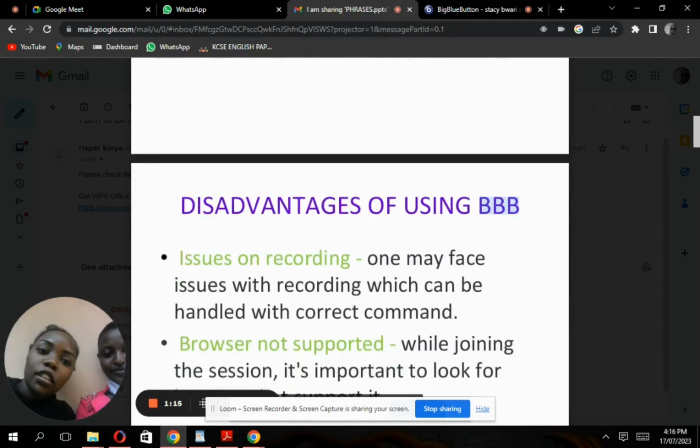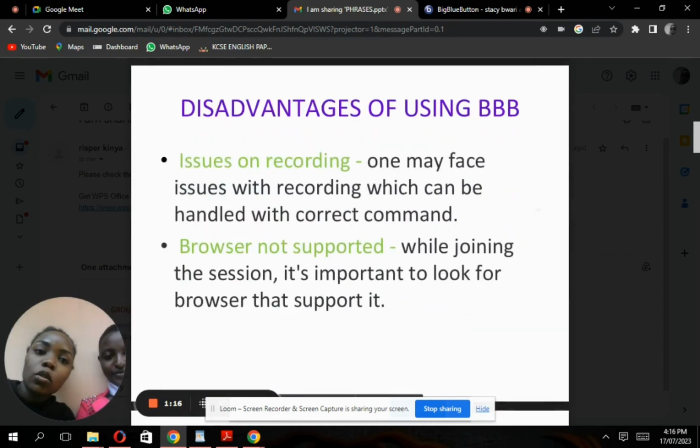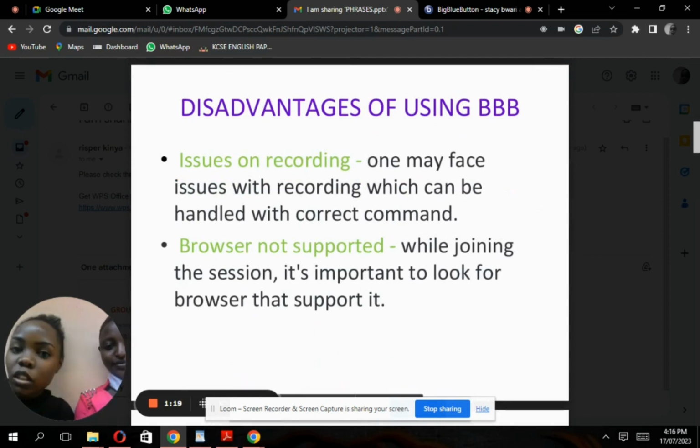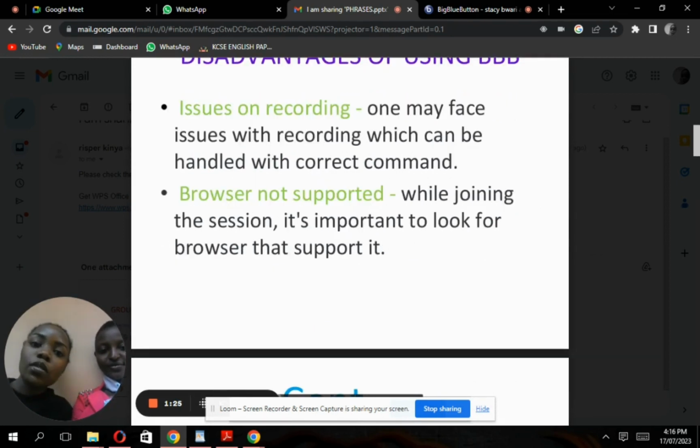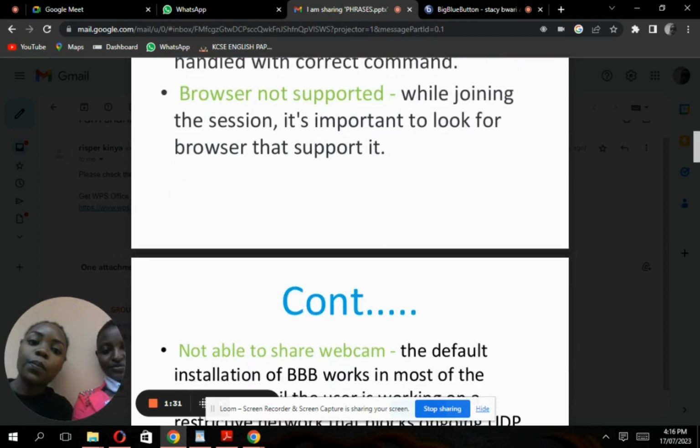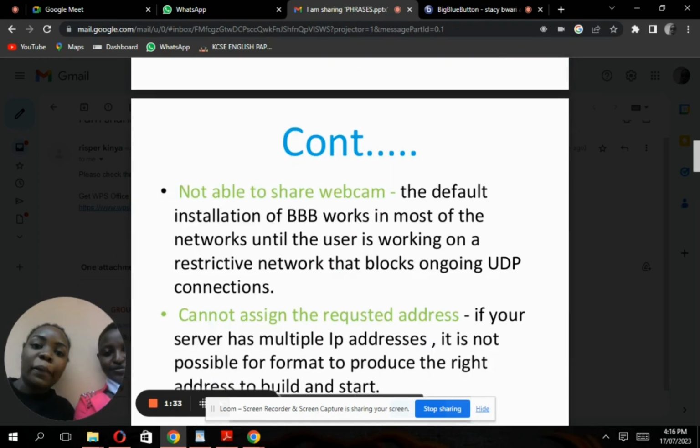The disadvantages of using Big Blue Button are issues on recording. One may face issues with recording, which can be handled with the correct command. Browser not supported. While joining the session, it's important to look for the browser that supports it. Not able to share webcam.